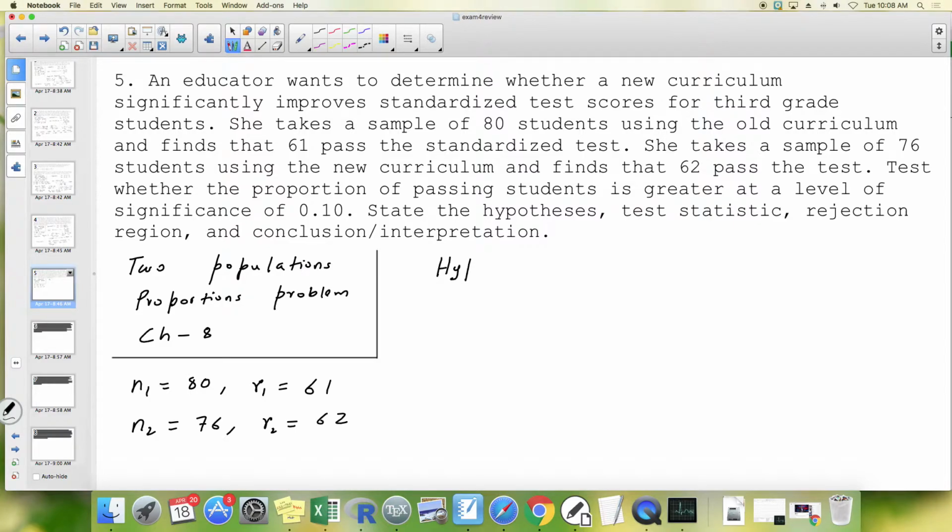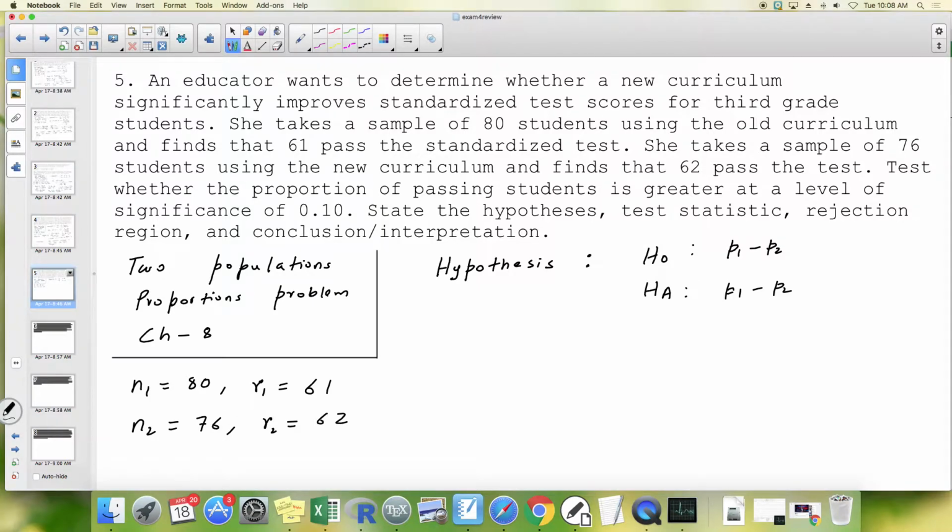What's our hypothesis? So it's a two populations proportions problem, so we should be dealing with P1 minus P2. Now, our claim is that group 2 is the new curriculum people.